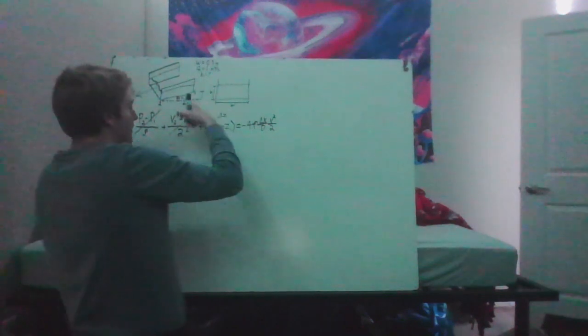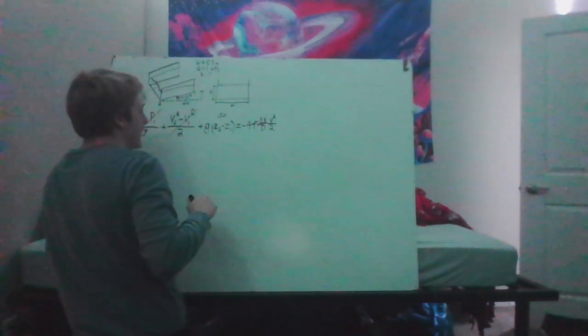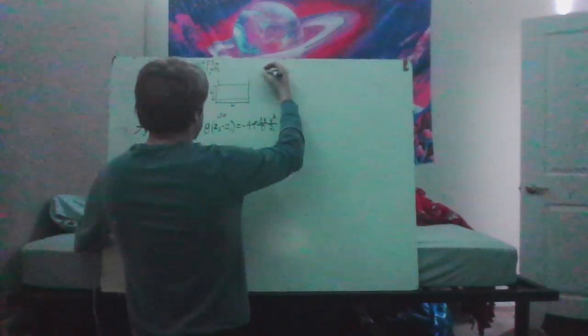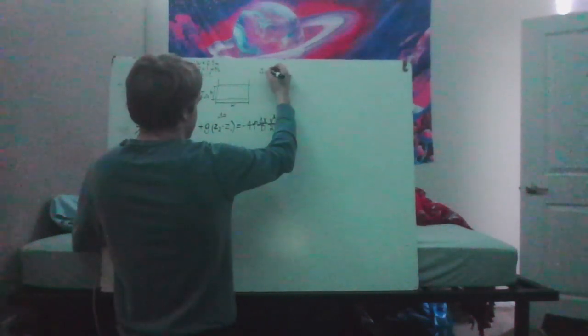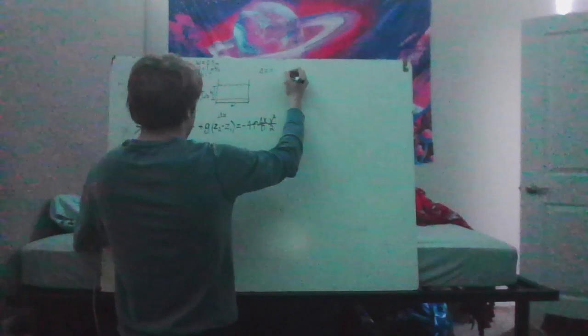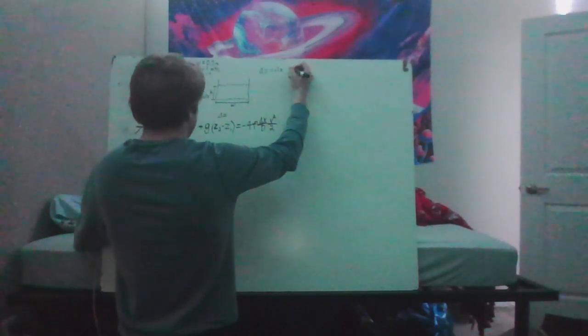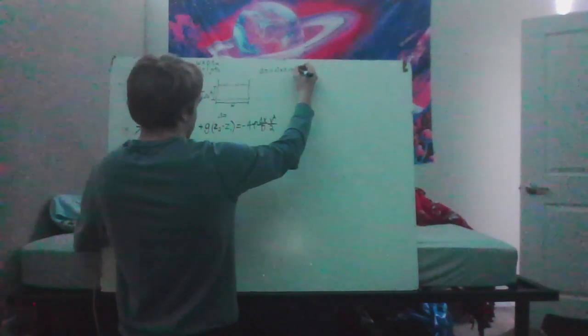So we can relate those through our theta. So we can say that delta z, this right here, delta z is equal to delta x sine theta.